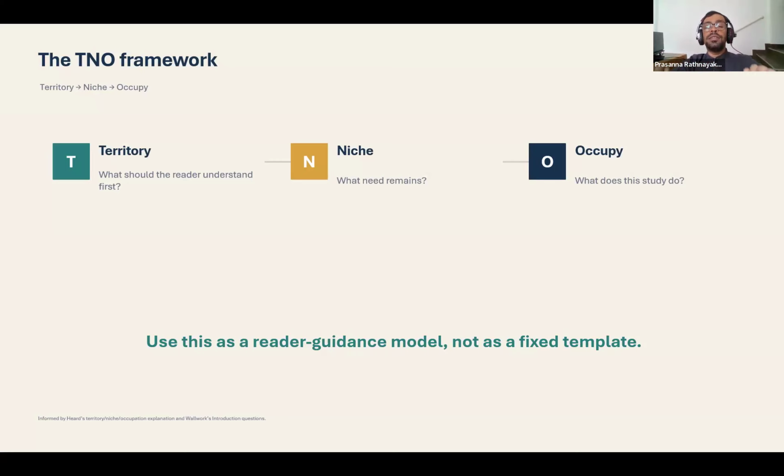They are not fixed paragraph headings or universal sentence formulas. Keep that in mind. So let's begin to understand what each of these, territory, niche, and occupy, mean, and how we can pitch our research story into this little framework.